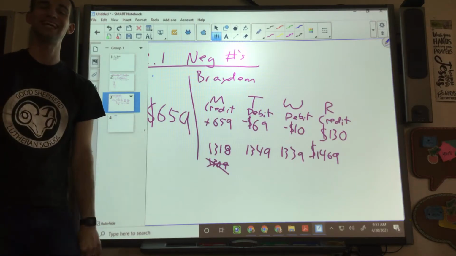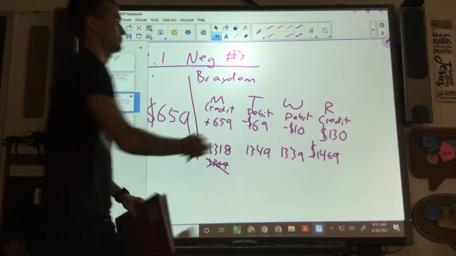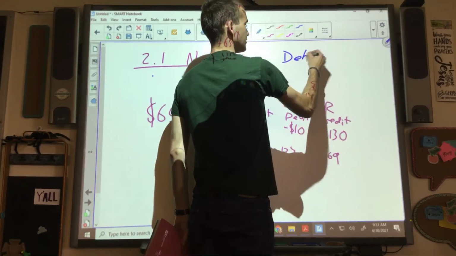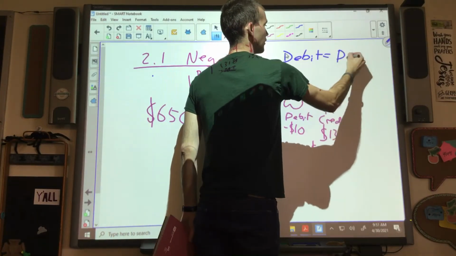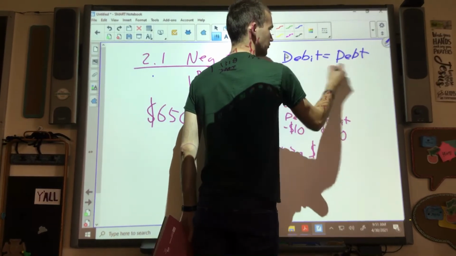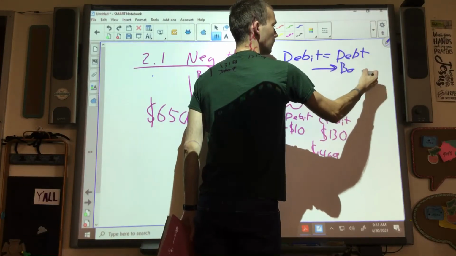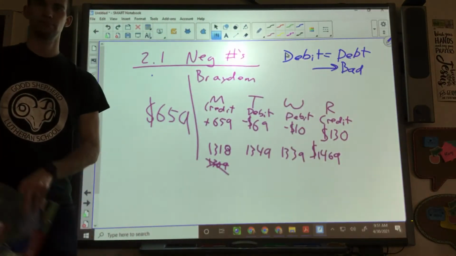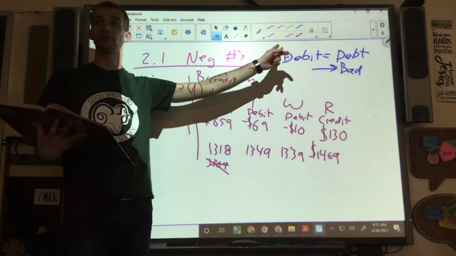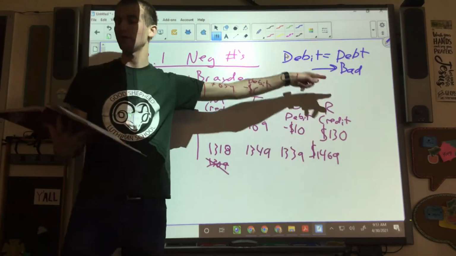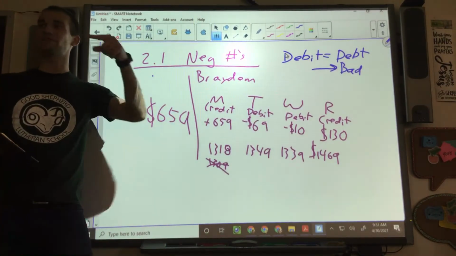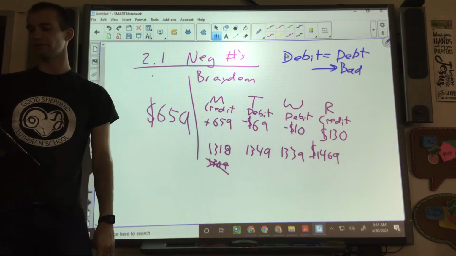Debt. Take away the I. Debit looks like debt, and debt is bad, so it's negative money. Yep, that's a great idea. Write that down. Debit looks like debt, and that's bad, so it's negative money. So it's negative $10,540.